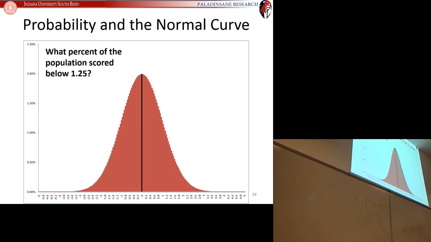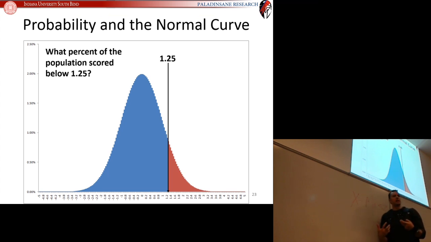And using it, we can answer questions like, what percent of this population scored below a score of 1.25? We can identify a score of 1.25. There it is on the x-axis, 1.2, 1.25. And that proportion there is a proportion of people below that particular score.